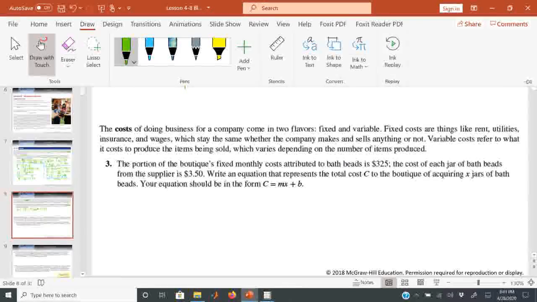So for the boutique problem, the portion of the fixed monthly costs attributed to bath beads is $325. So that's the amount of money it costs to have those bath beads on the shelf. That's the amount of the fixed cost for the boutique that is actually assigned to the display location where the jars are.